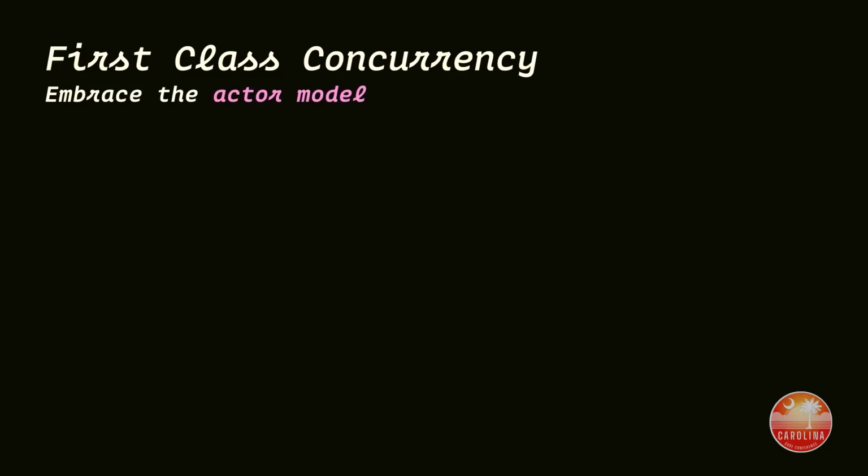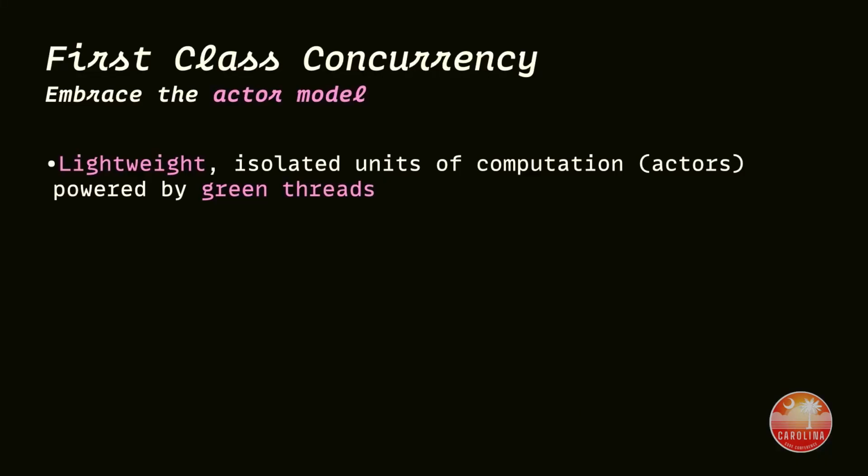I'd also like it to embrace the actor model. The actor model is just a really simple way to wrap your mind around handling concurrency, and it removes the need for a lot of complexity, which we'll cover in a second. I want to have lightweight, isolated units of computation, preferably actors, powered by green threads. So green threads are what power Erlang and Elixir's processes.